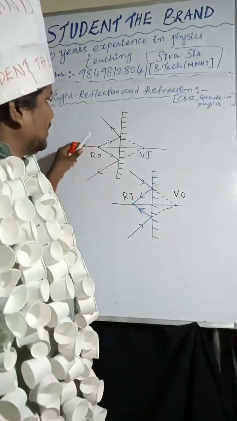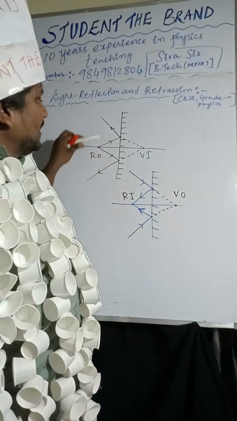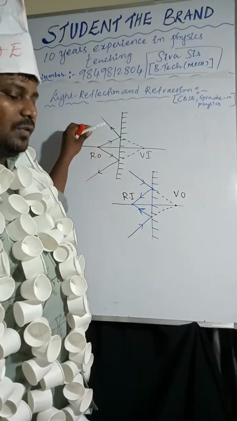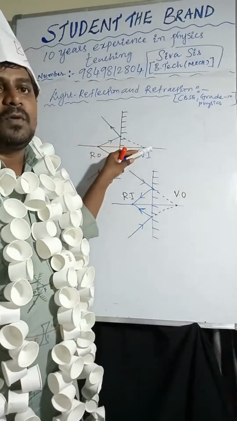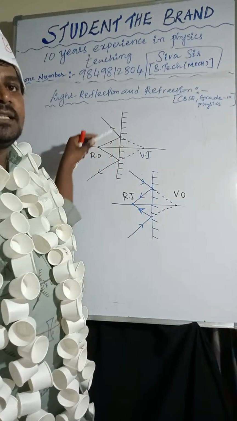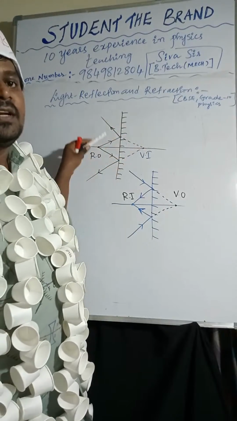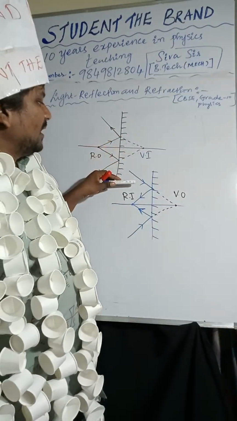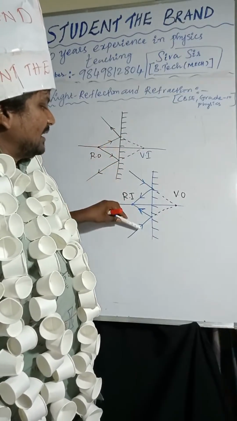Here you can observe, this is the reflected light ray. Those reflected light rays are meeting at one point, so the image is forming. That is a virtual image. Here we are extending the incident light rays.